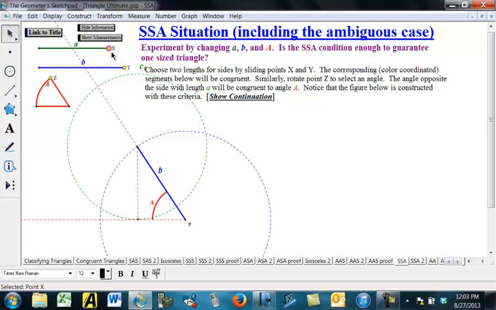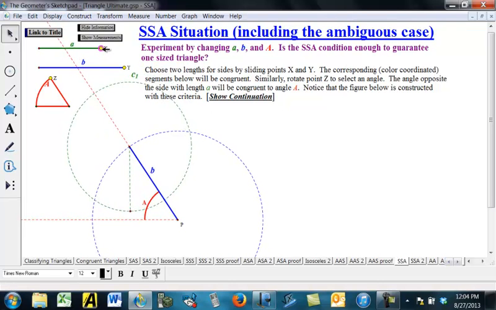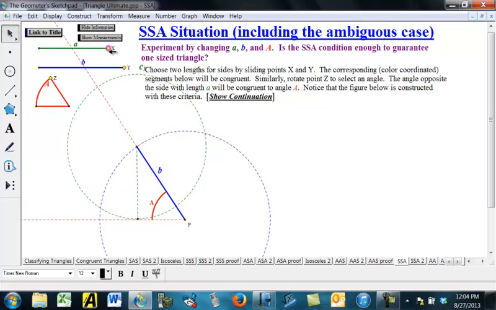We say that the ray down here is tangent to the circle, or the circle and the ray are tangent to each other, meaning they intersect in exactly one point. When that happens, this is actually a right angle where they meet, and there's exactly one triangle possible. So if it's too short, it doesn't reach. If it's just right, it reaches once.